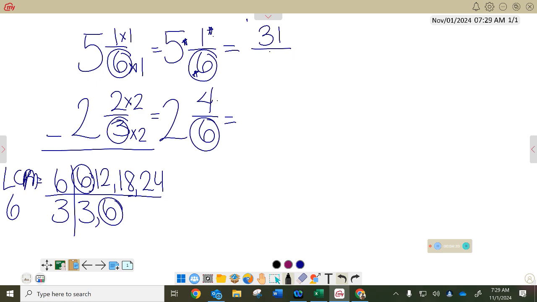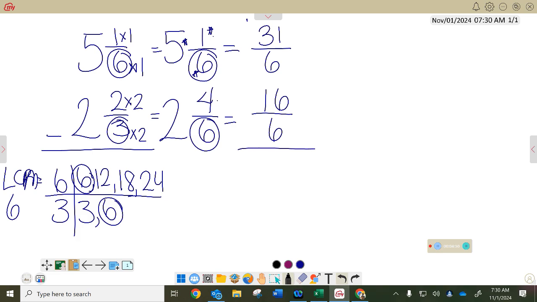And we're going to keep our common denominator of 6. All right, we're also going to have to change 2 and 4/6 into an improper fraction. So that will be 2 times 6, which is 12. And then 12 plus 4, which is 16. And you're going to keep that common denominator of 6.